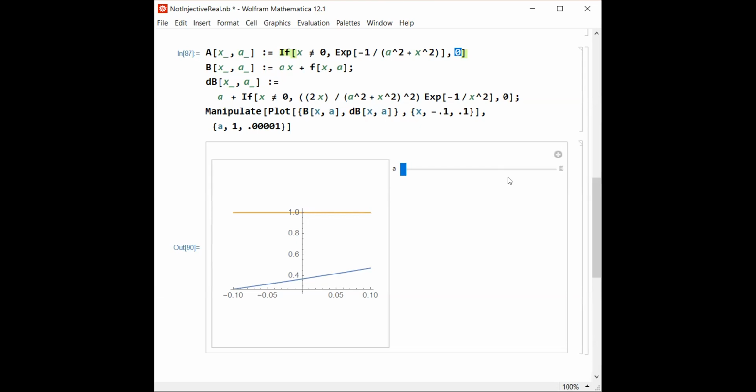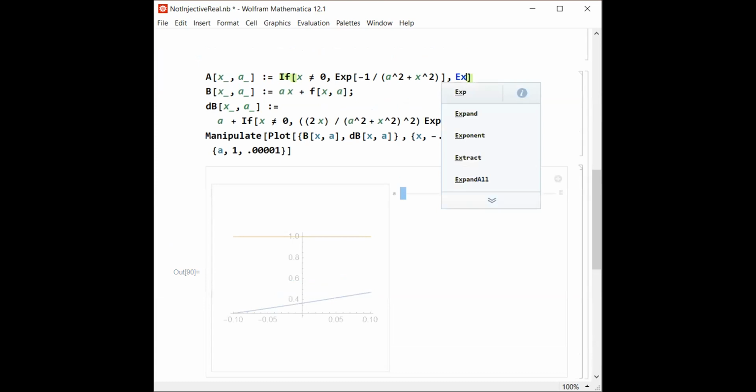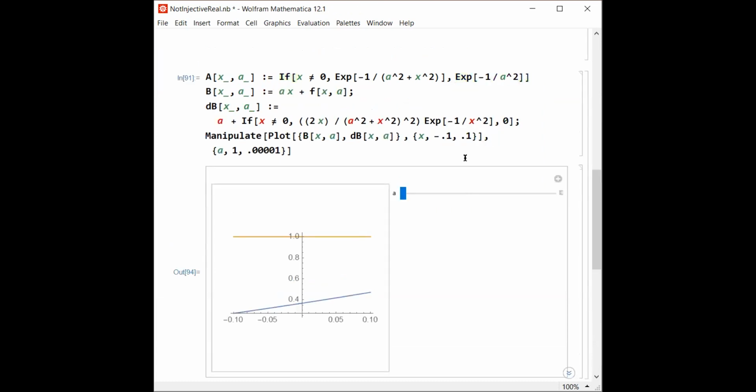Yeah, why does it really matter? In terms of plotting, if I have 1 point wrong, does it really matter? I can put negative 1 over a squared, and as long as a is not 0, it's fine.